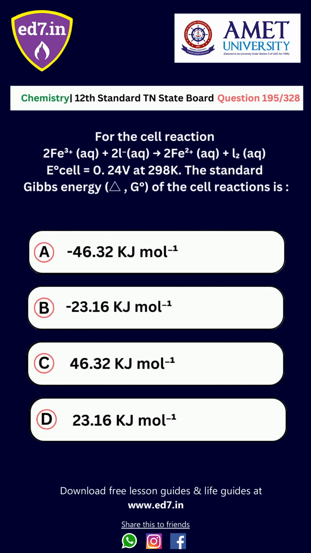For the cell reaction 2Fe3 plus aqueous plus 2I minus aqueous gives 2Fe2 plus aqueous plus I2 aqueous, E0 cell equal to 0.24 V at 298 Kelvin. The standard Gibbs energy delta G0 of the cell reaction is: option A minus 46.32 kJ mole inverse, option B minus 23.16 kJ mole inverse, option C 46.32 kJ mole inverse, option D 23.16 kJ mole inverse. The correct option is option A, minus 46.32 kJ mole inverse.